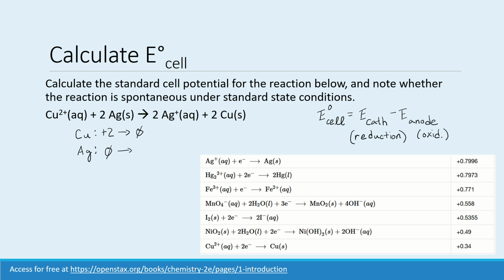It's starting out with an oxidation number of 0, becoming an ion on the product side with a +1 charge. And so the one that's being reduced in oxidation number, that is your copper. Right, so that's reduction, which must be your cathode. And your silver, therefore, is oxidized, and that's your anode.